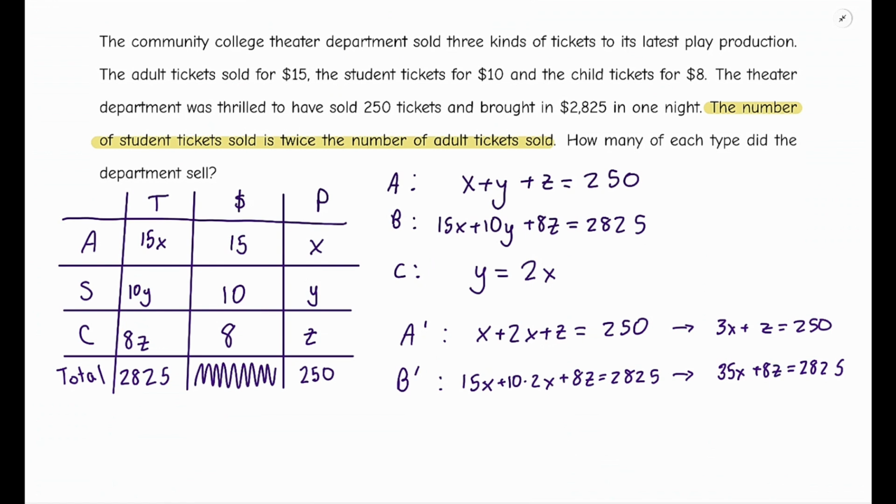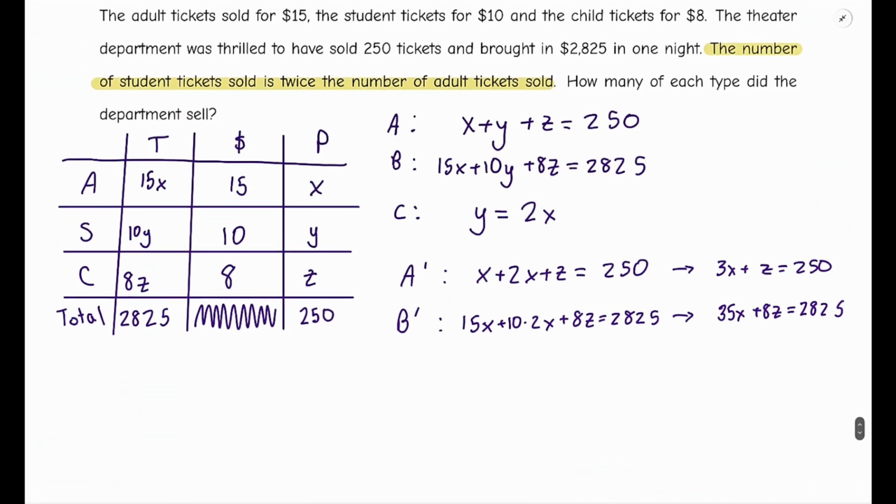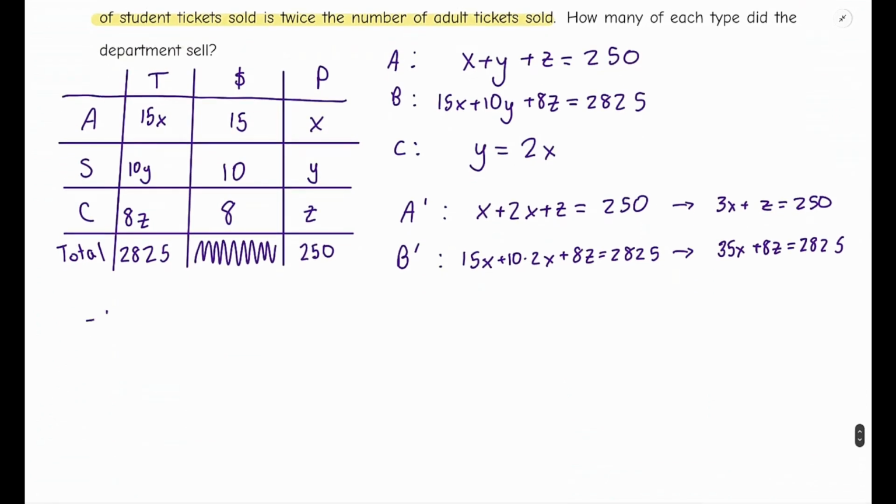So I'm going to go through normal elimination methods. When I look at x, I would have to get 3 and 35 to match, which doesn't come easily to me. But when I look at z, I have 1 and 8. I just need to take A prime times negative 8.